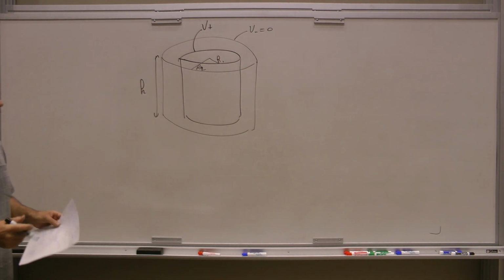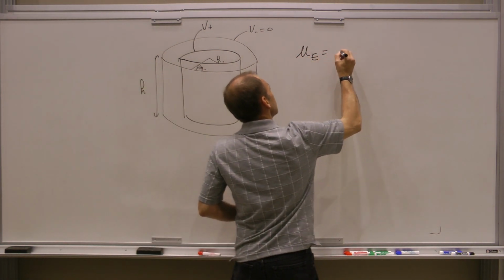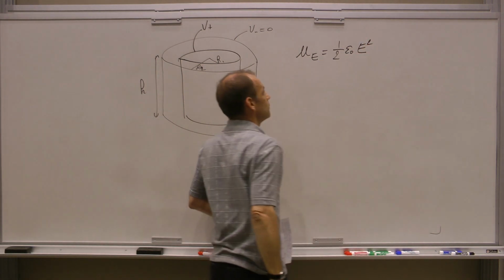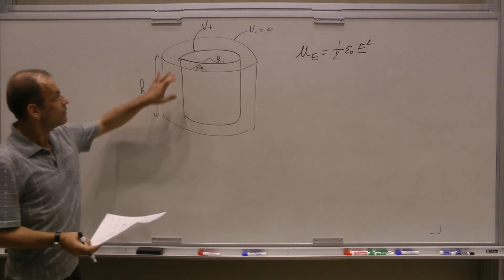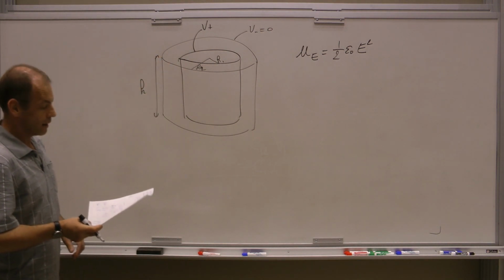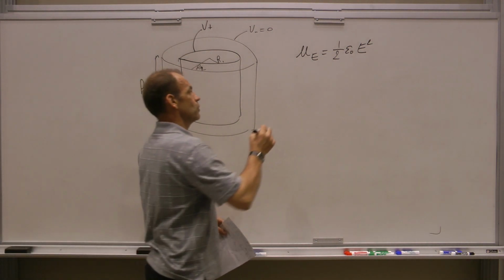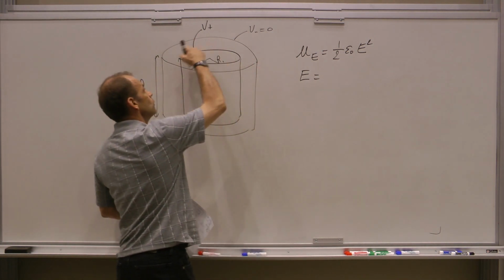and I want to use the idea of the energy density, 1/2 of epsilon 0 E squared. E being the electric field held within the dielectric in between the two plates. Once again, I'm going to refer you to the calculations we did way back then for the electric field in the inner space.